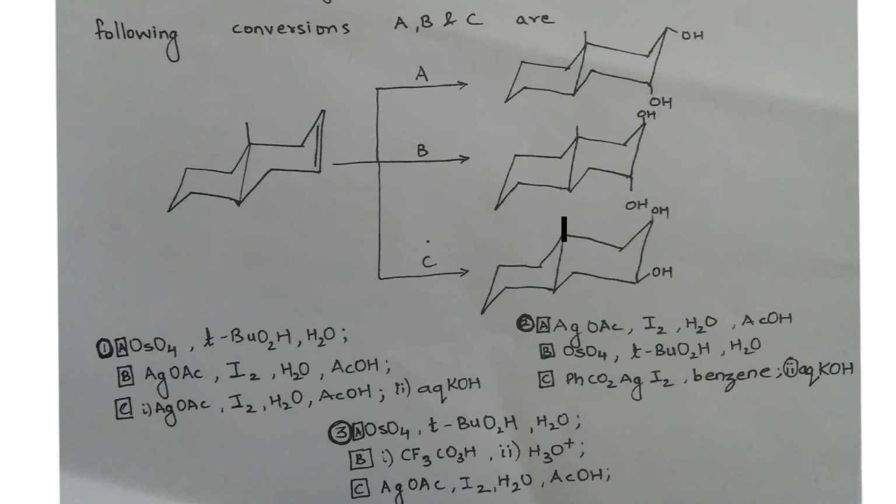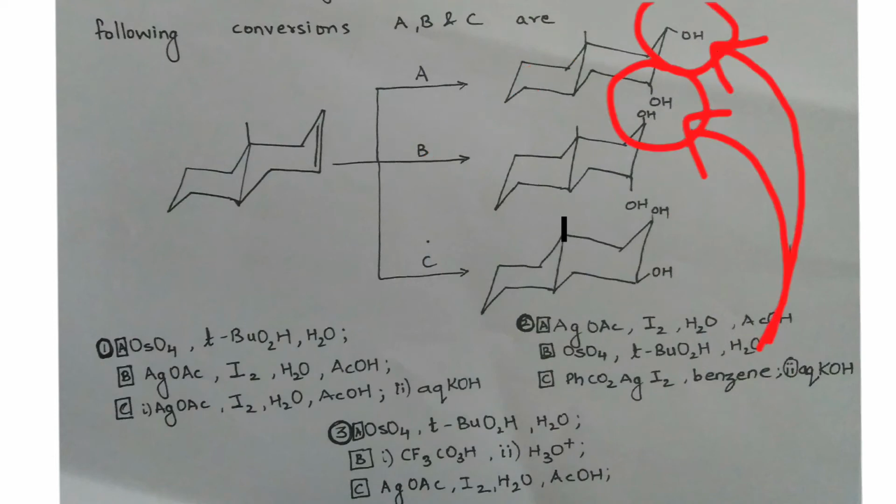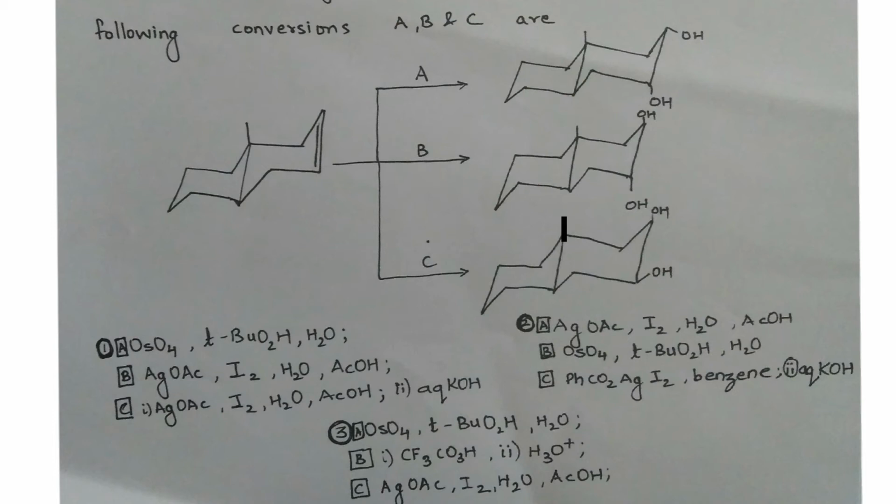When you consider the stereochemistry of this product from path A, this methyl group is above the plane of the paper and these two hydroxyl groups are below the plane of the paper. Since they are opposite in stereochemistry, that means osmium tetroxide was the useful reagent here.